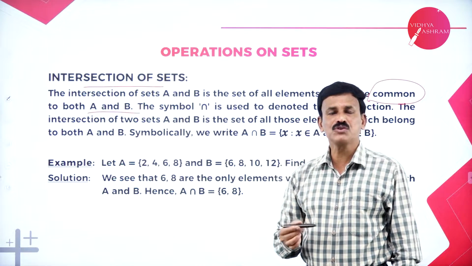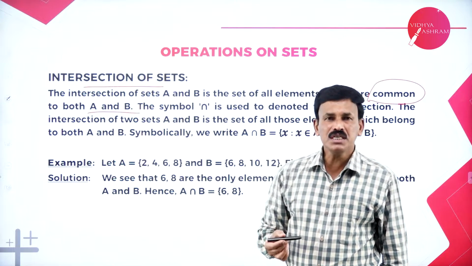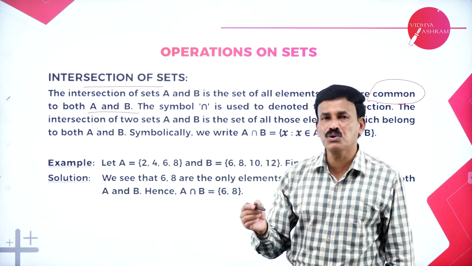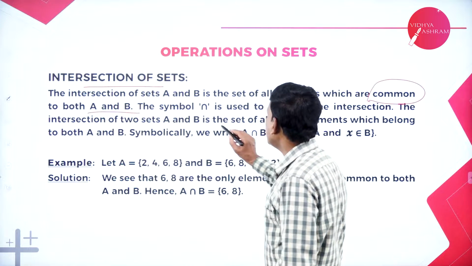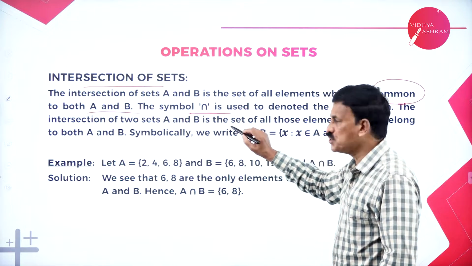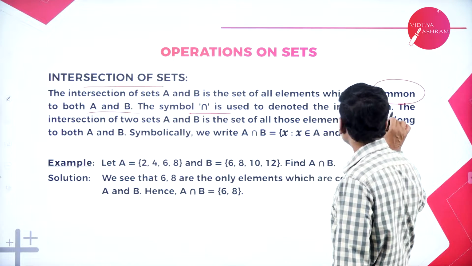The intersection of two sets A and B is the set of all the elements which are common to both A and B, and it is symbolically denoted as, the symbol for intersection is reverse U and is used to denote the intersection.